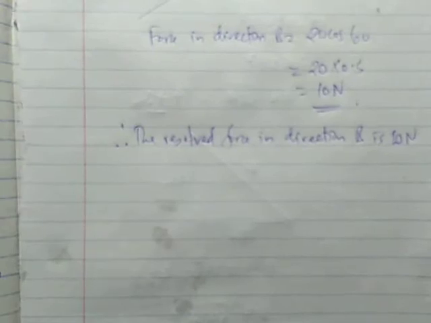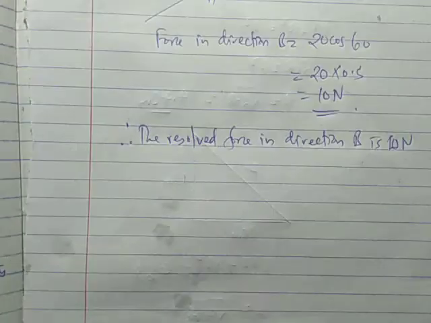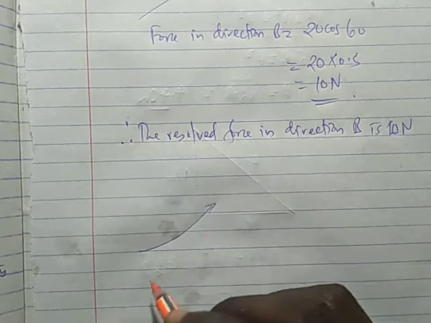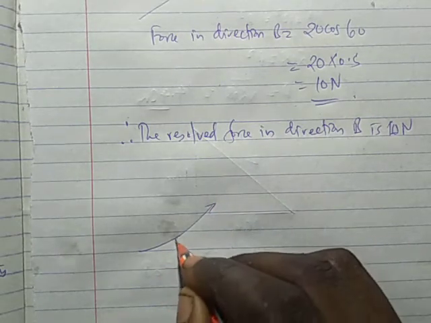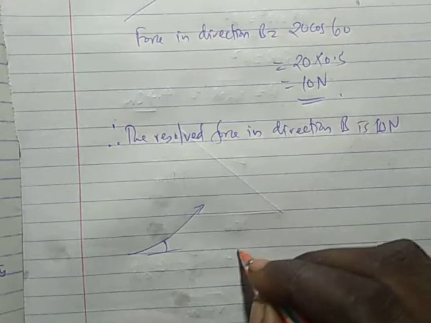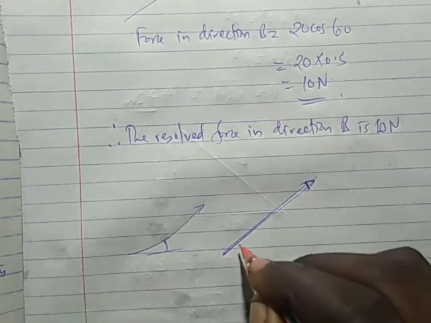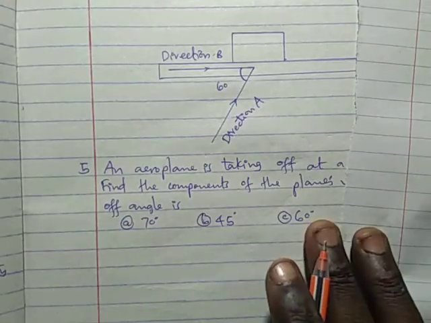So when this aeroplane takes off, inaondoka na namna kama ile pale. Kwa hapa kuna angle theta ambayo you are given 70, 45 and 60.